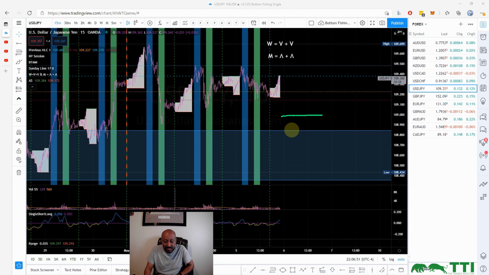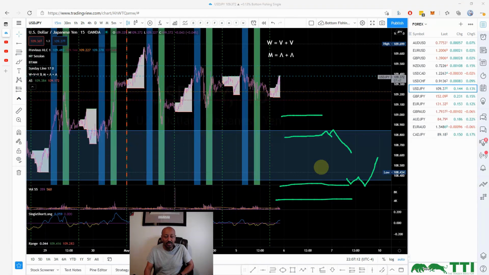is in the Asia session again. They will form the M right at the low here and take it short, or they'll form the W right at the highs here and take it long. So you want to make sure that you're looking at all of these as a possibility.